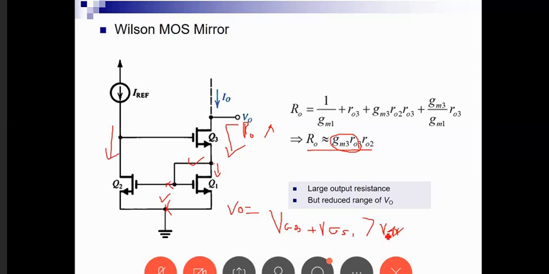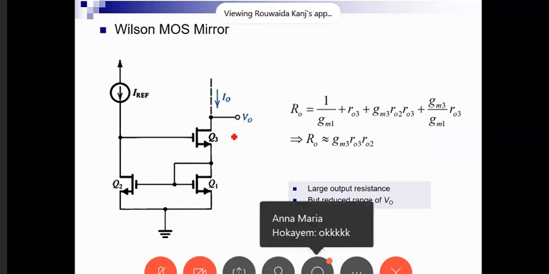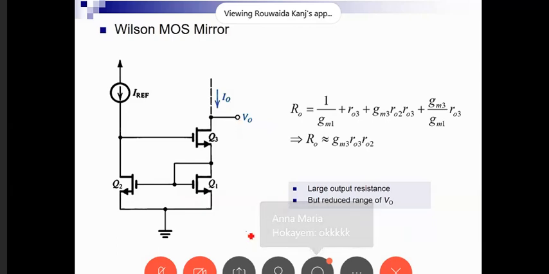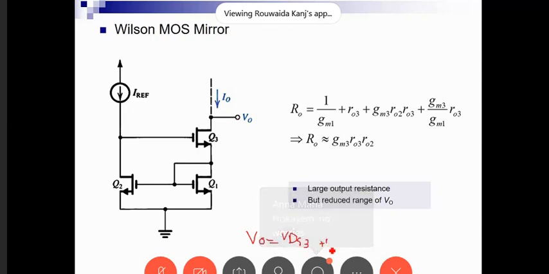Sorry, this is greater than VGS3 minus VT. No, sorry, please ignore this. Let me erase all, one second. Let us repeat it again. Sorry, VO is really VDS3 plus VGS1.